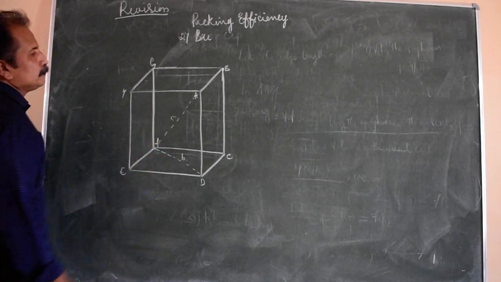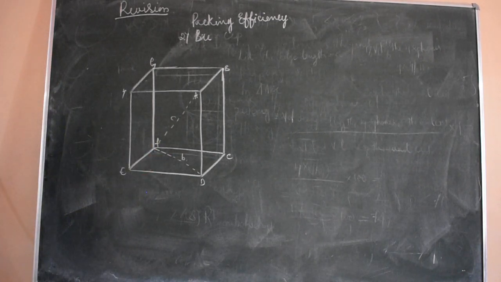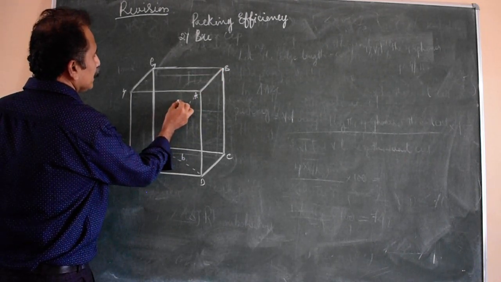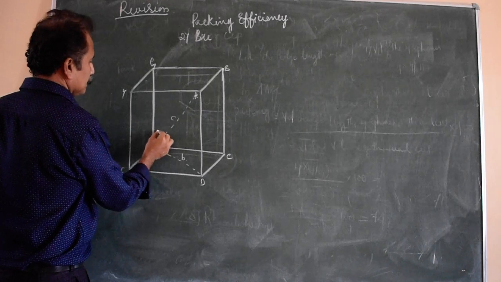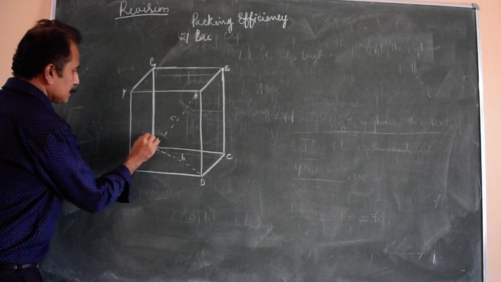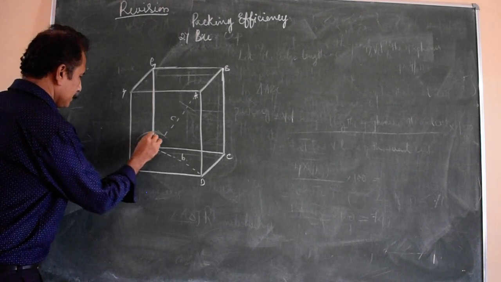This is C. Okay. Now what do you do? Divide this into 3 and draw the 3 circles at the center.